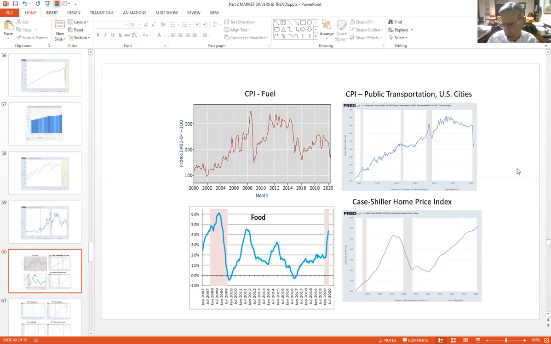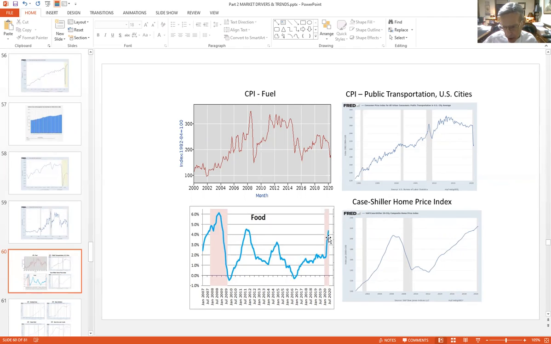And here are some other indications of pricing. So public transportation, as you can see, has really dropped because demand is lower. And so cities and municipalities are doing what they can to make it easier for people to get on the bus, but that's not what they're doing.